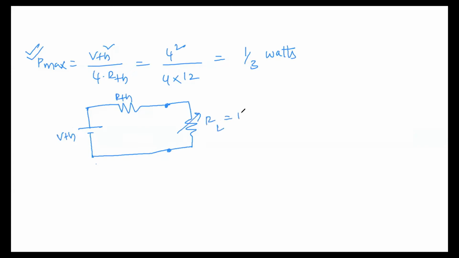So this is VTH and RTH, and this RL. RL is equal to RTH. And try to find the third one, which is the load efficiency. Just check whether you are getting 50% or not.